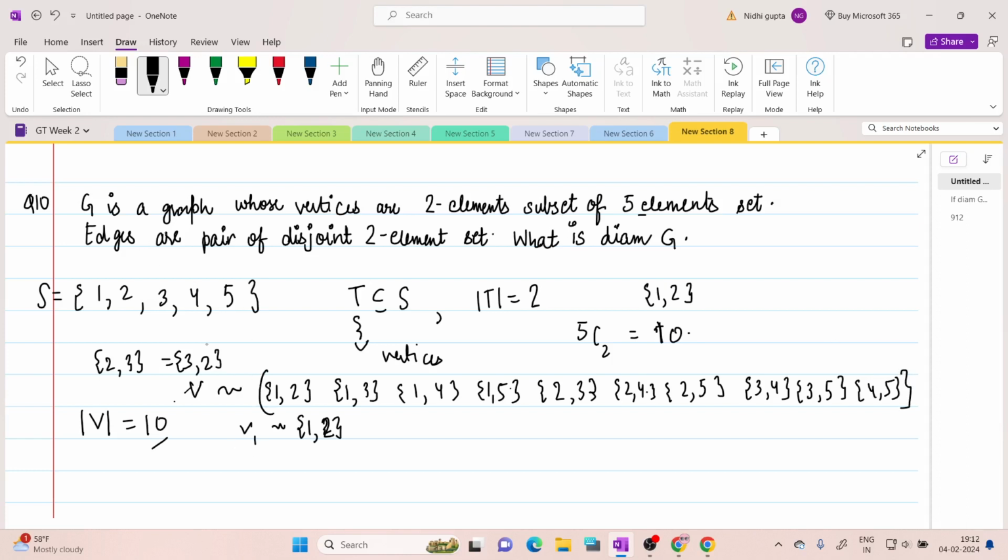Now this is saying that two vertices have an edge if they are disjoint. That means their intersection is empty. So what are the possible edges of {1, 2}? What are the adjacent vertices to {1, 2}? Disjoint means that their intersection should be empty.